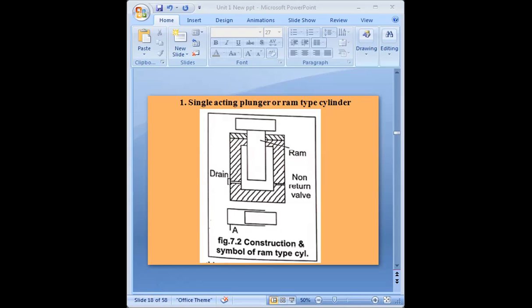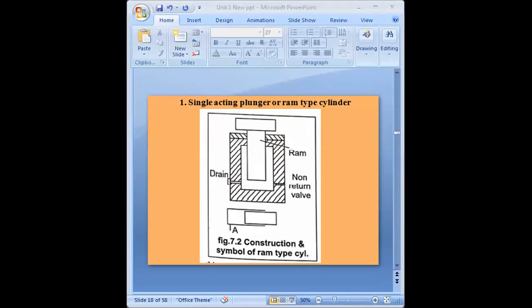All of you, please draw the diagram. Okay, I think you got the construction of how this single acting plunger or ram type cylinder works. Please draw the construction diagram, and then draw this symbol also, which I have shown on the screen.